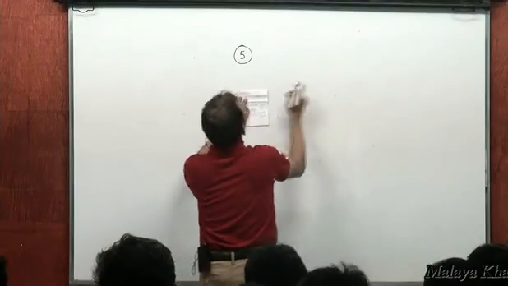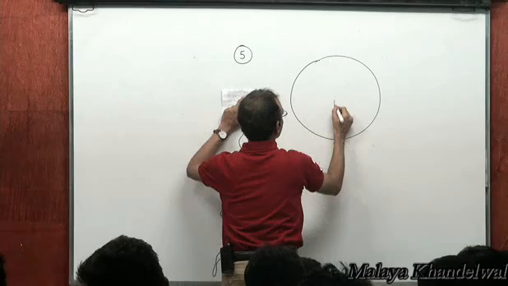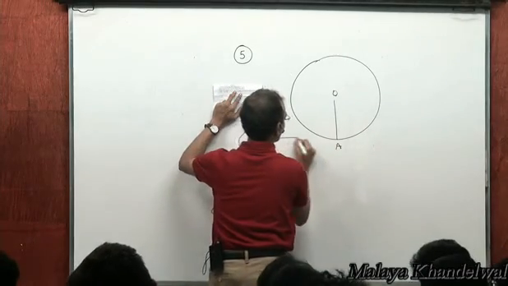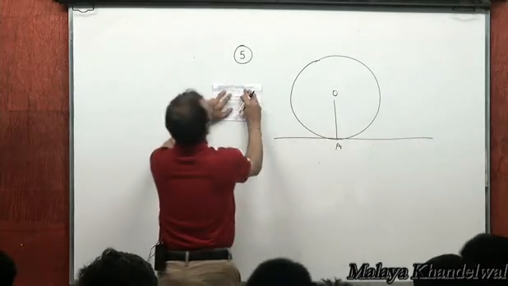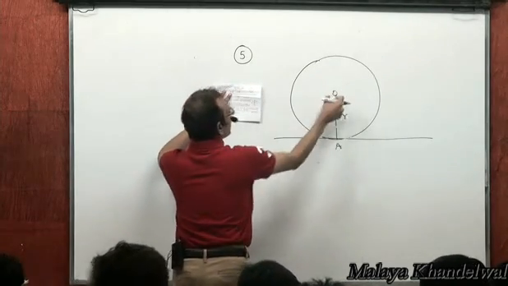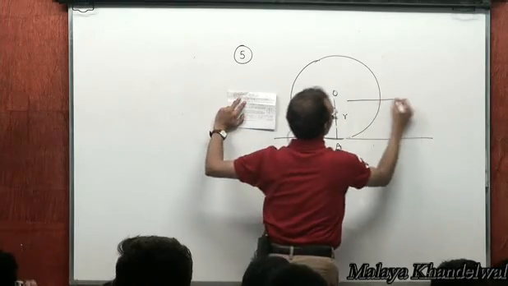Problem 5 is very much like an earlier problem. There is a conducting ring of radius r with a conducting spoke in a state of pure rolling.